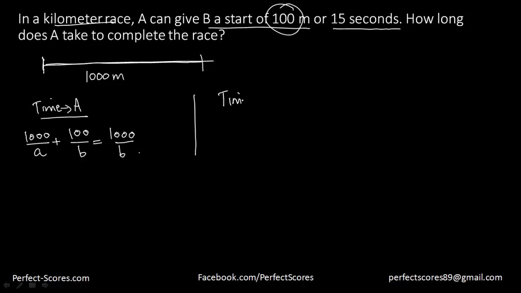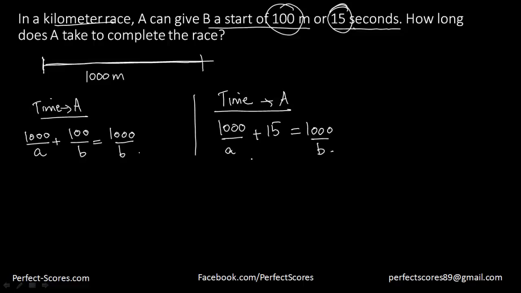Similarly, if I talk about another scenario where he gives a 15-second head start, now how do I comprehend that? That is going to be the time taken by A to cover the whole 1,000 meters, his own running time, plus these extra 15 seconds, is actually equal to the time taken by B to cover the whole 1,000 meters.